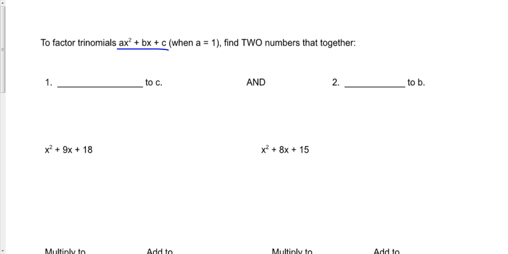If we want to break this trinomial apart into two separate binomials, then we have to split this up. We're going to find two numbers that together are going to multiply to the c value, which is right here.